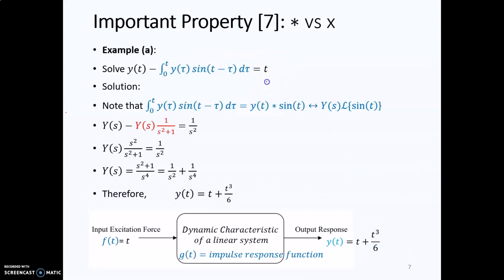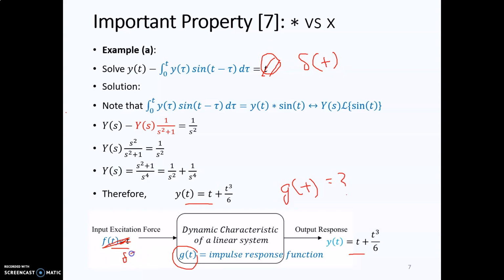For example, in the previous example, when your f(t) is equal to t, you get the response equal to this, but you don't know what g(t) is. So if you want to find out what g(t) is, then you can substitute the delta function for f(t).